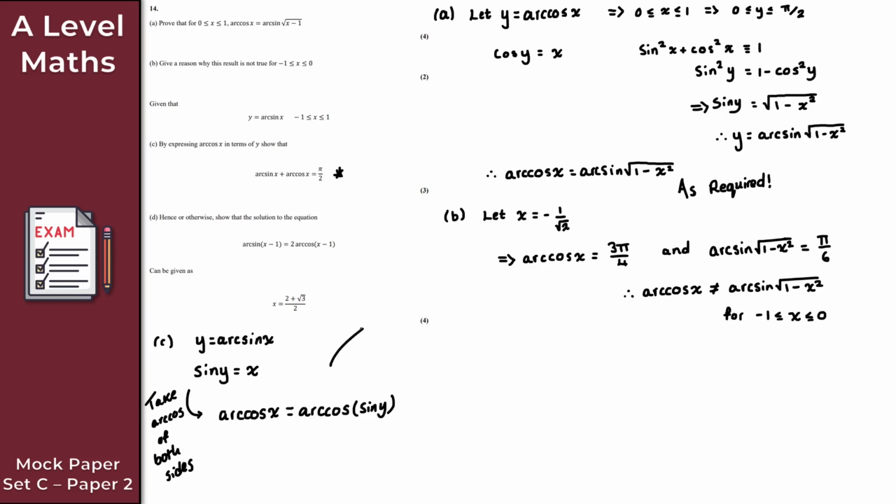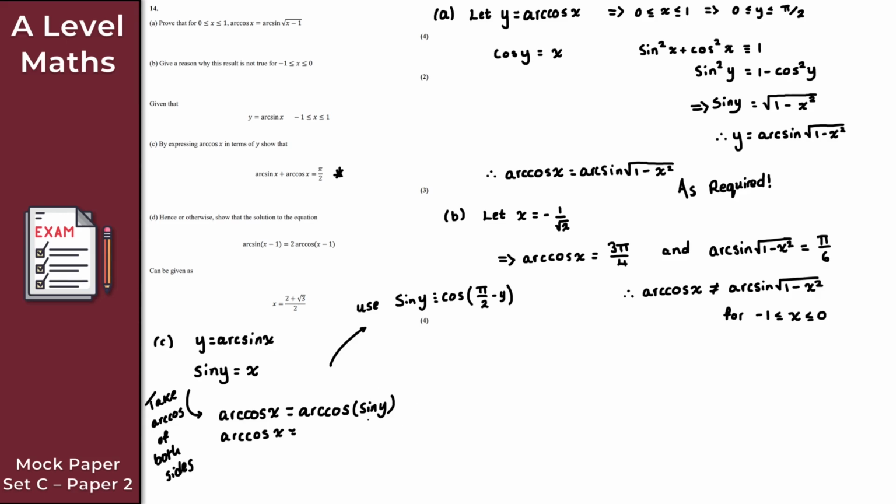So I'm going to use the fact that, given that it's sine y in terms of y, sine y is identical to cosine of pi over 2 minus y. We're going to use this relationship. So in that case, what I've got is arc cos x is equal to arc cos of sine y.